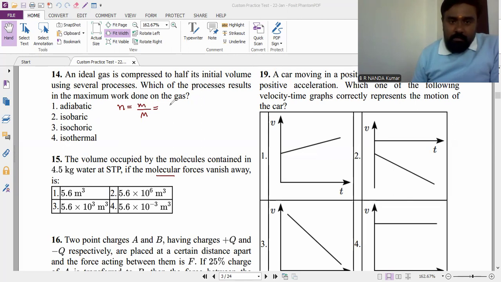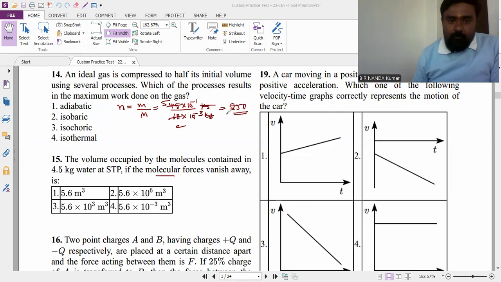Total mass is 4.5, so 45 into 10 power minus 1. Molar mass of water is 18 grams, so 18 into 10 power minus 3 kg. So kg cancels here, and we get 2.5 into 10 power 2, that is 250.